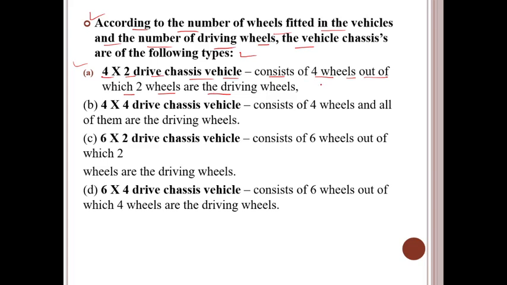Suppose the front wheels are driving wheels, then the back side wheels are the driven wheels. Now another is the 4 by 4 drive chassis vehicle.